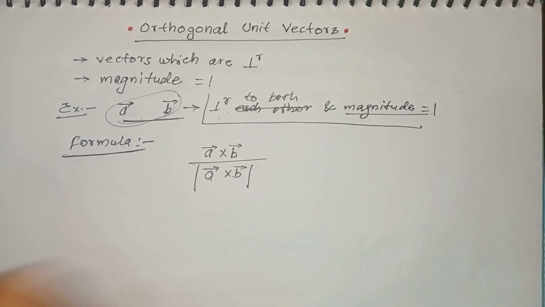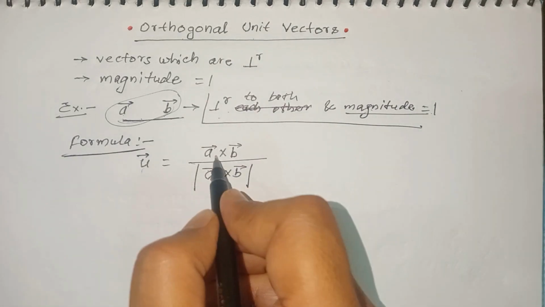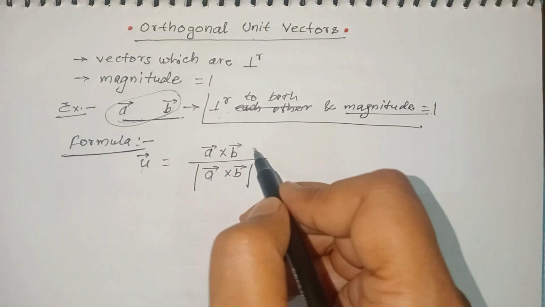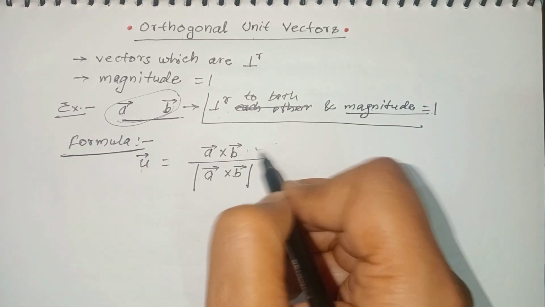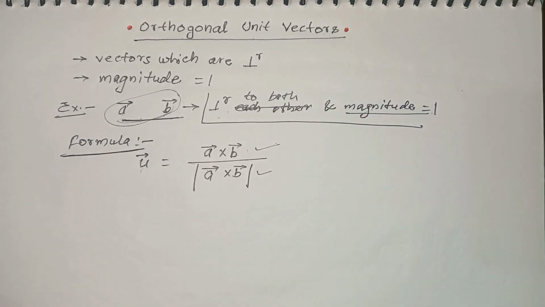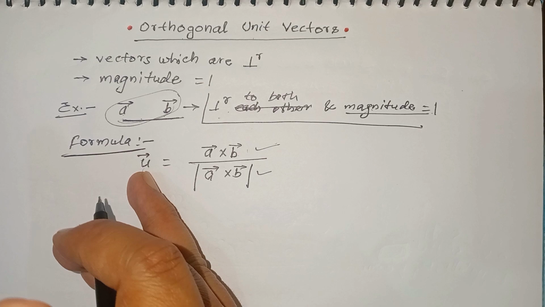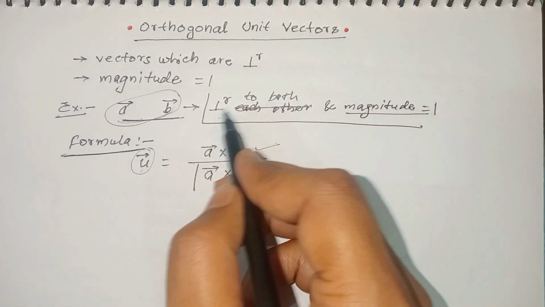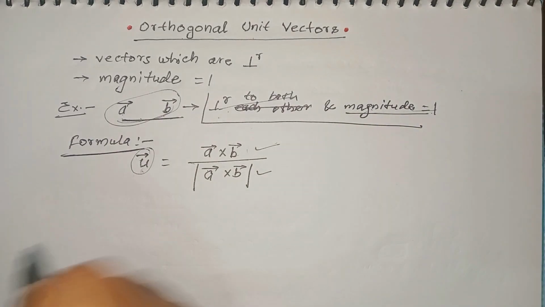Let it be denoted by u. Orthogonal unit vector u equals A cross B divided by mod of A cross B. This vector will be perpendicular to both and its magnitude will be 1. This is the formula.